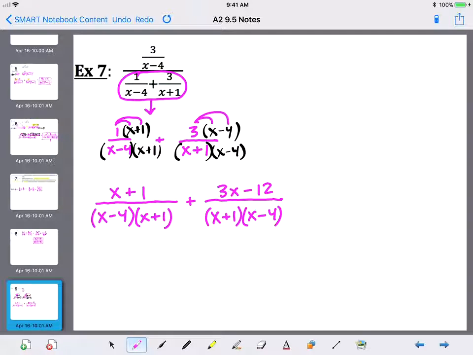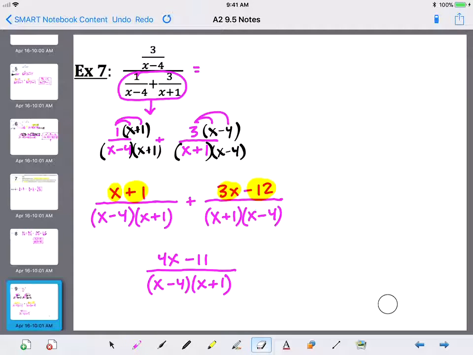So now I've got my common denominator, x minus 4 times x plus 1, and I've got some like terms. x plus 3x gives me 4x, and 1 plus negative 12 gives me negative 11. So that's not my answer, but that is what I can rewrite the denominator as.